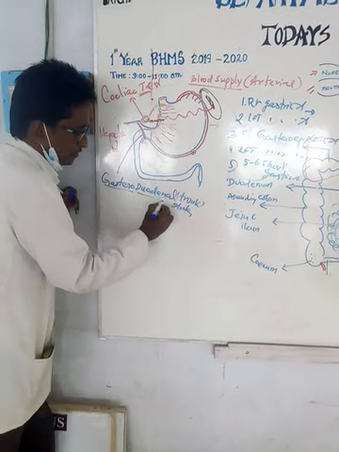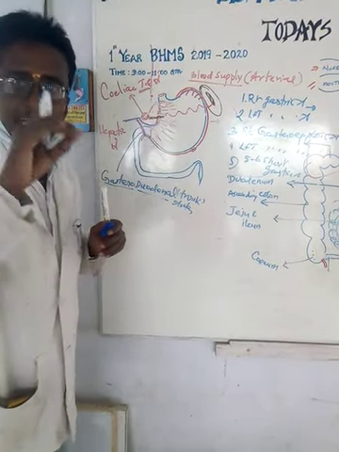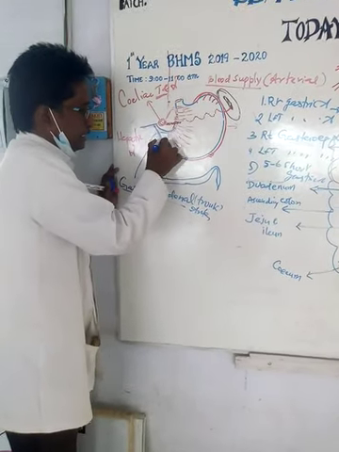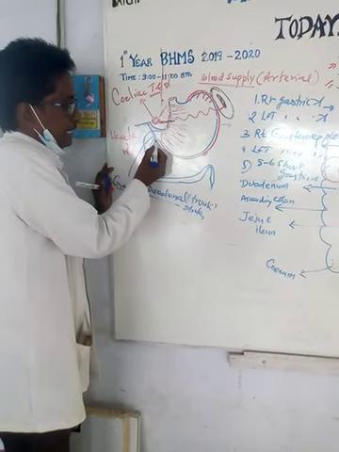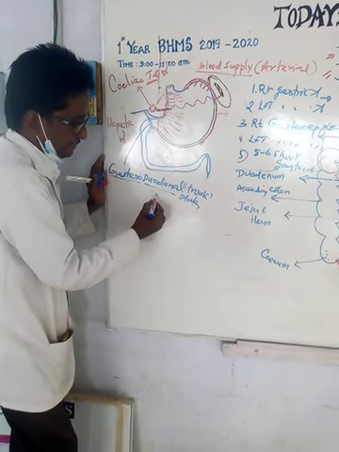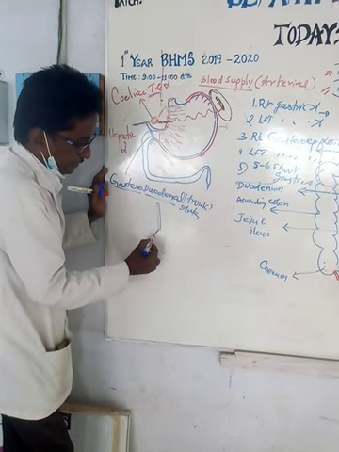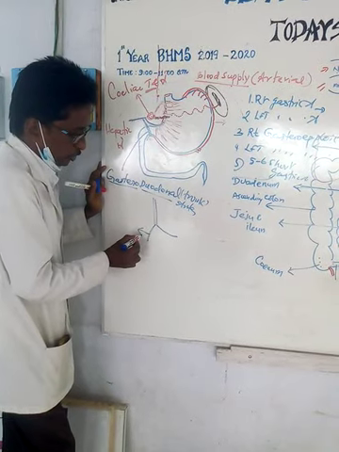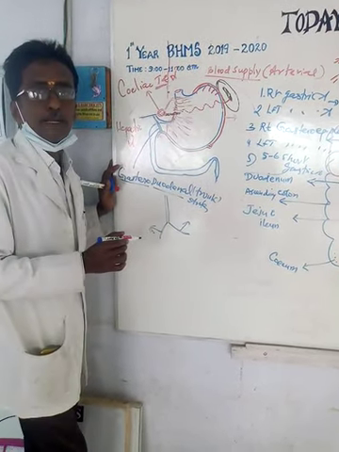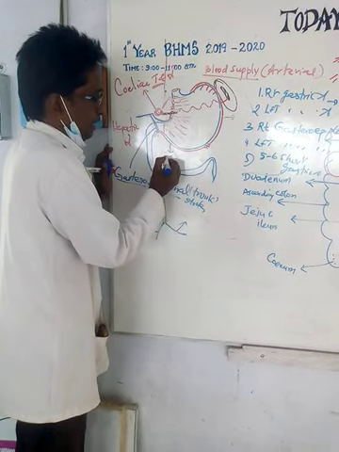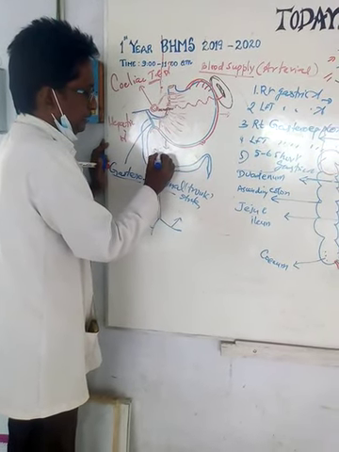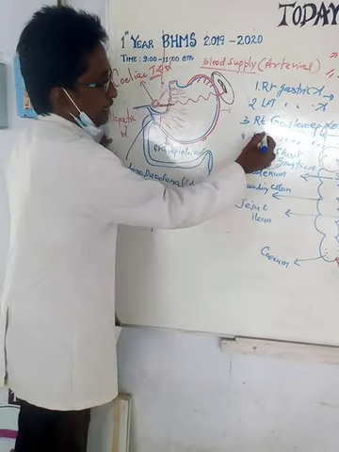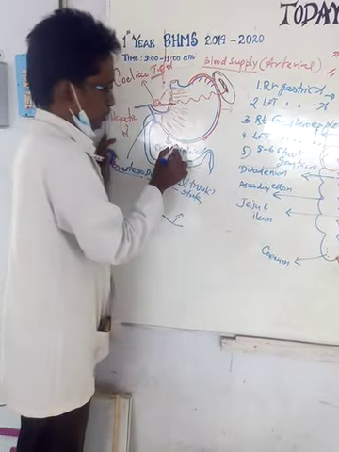It supplies both the stomach as well as the duodenum. It comes downwards near the first part of the duodenum and crosses it. The gastroduodenal trunk is divided into two, like this. One goes towards the duodenum, the other goes towards the stomach. This artery is called the right gastroepiploic artery.